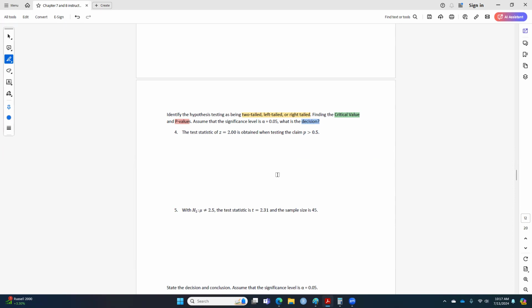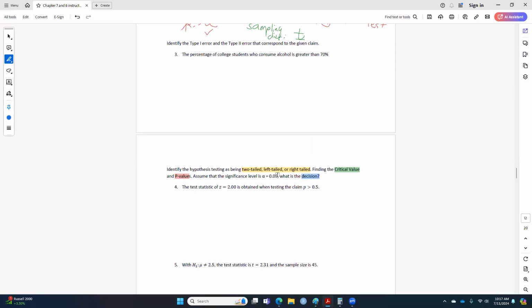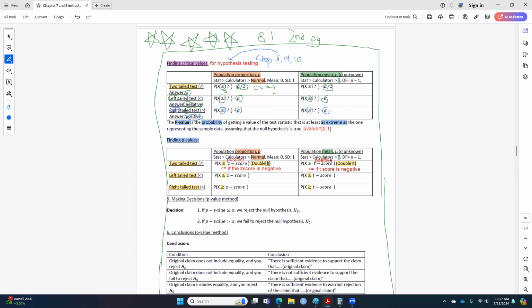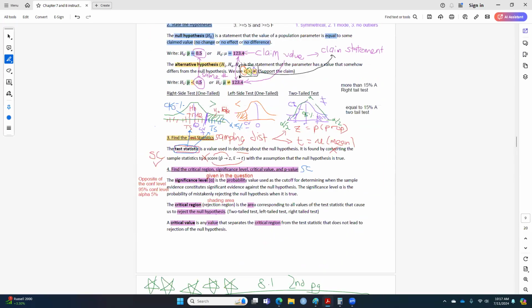So there are 4 things that this question wants us to do. 1, what kind of test is it? 2, find the critical value. 3, find the p-value. And 4, find the decision. So when you do this in your homework, make sure you figure out which one it is. If you're asked for left tail, right tail, or two-tail, look at your alternative hypothesis.